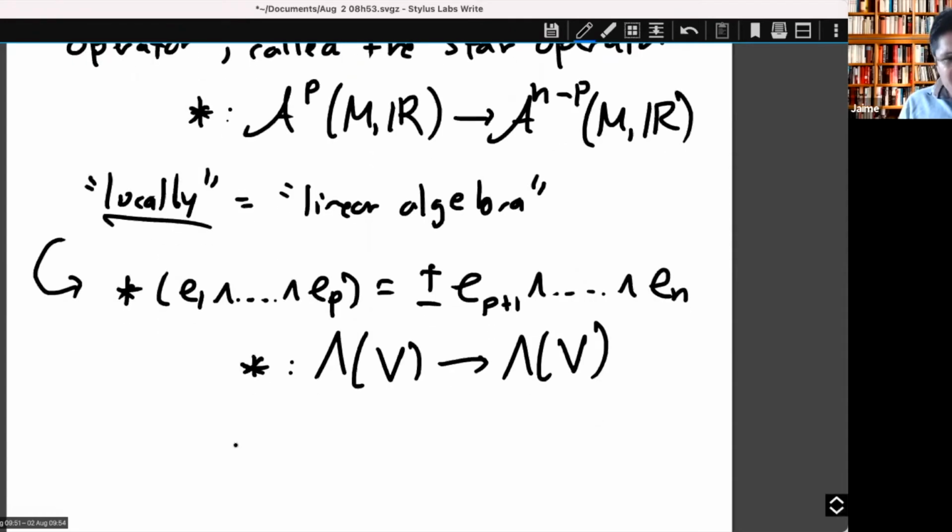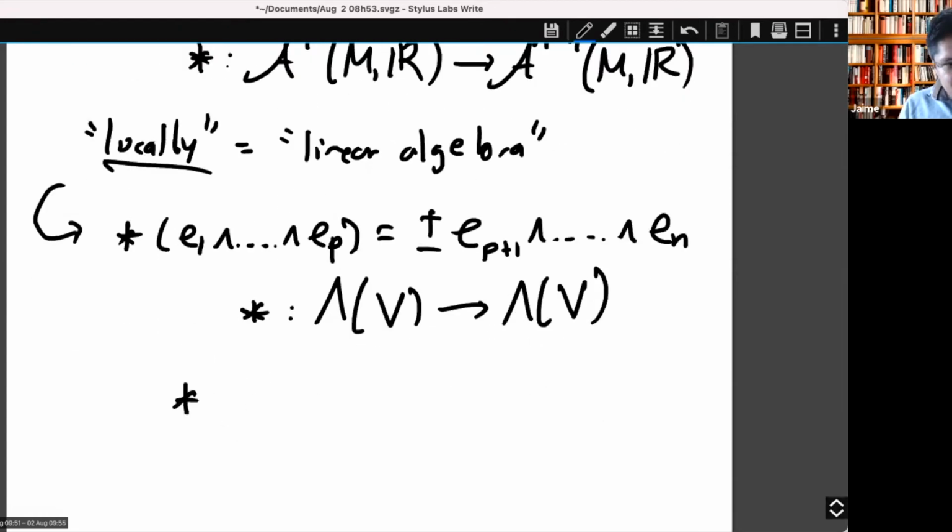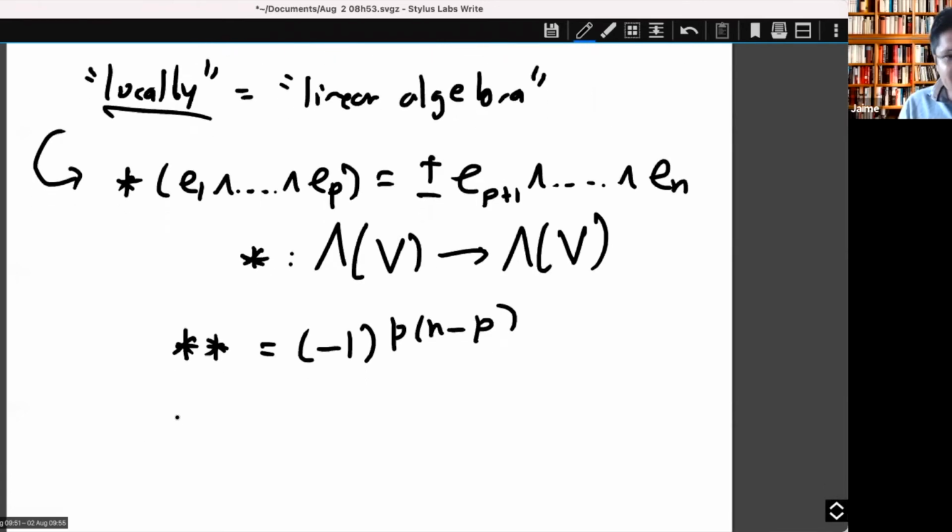And there are several properties of the star operator. One of them, which we're gonna need later, is that when you compose the star operator with itself, you get classically, let me see, it should be minus one to the P times N minus P. And then, okay, this seems kind of artificial, but I will say in two lines why we are introducing this.